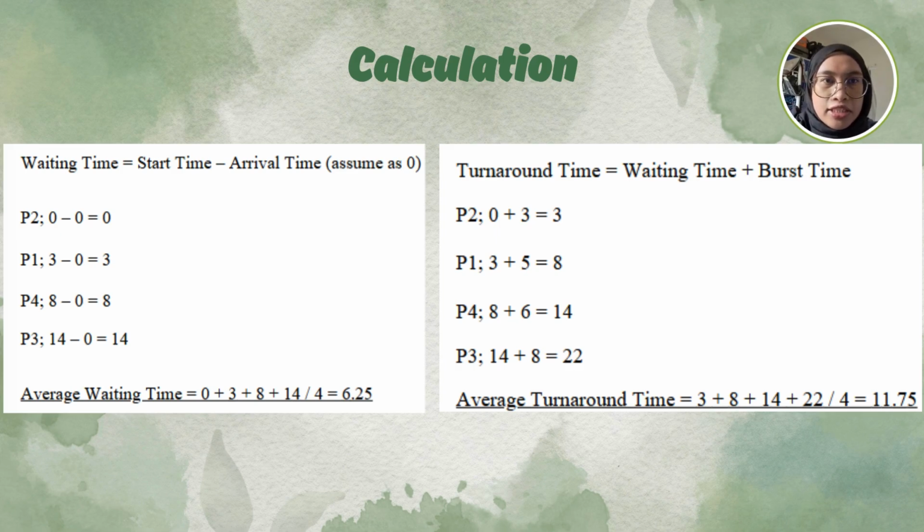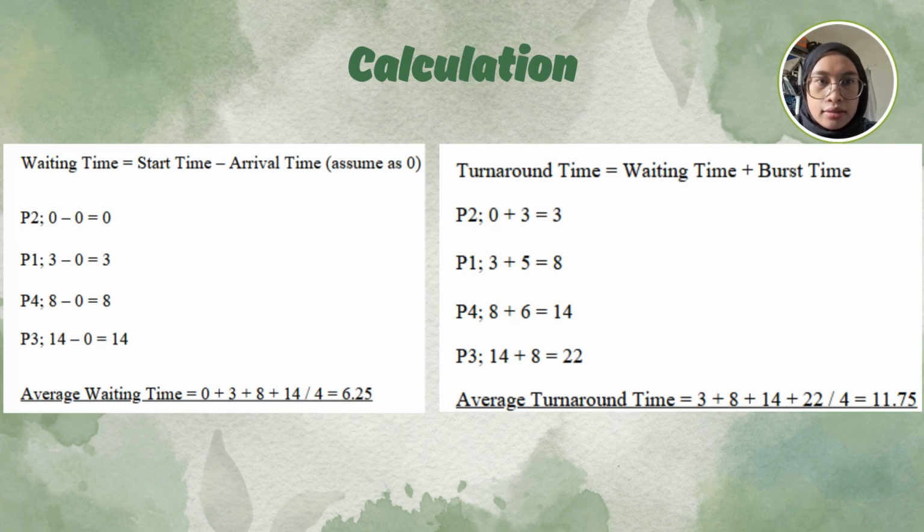This is the calculation for the waiting time. Waiting time is start time minus the arrival time, assumed as 0 because we calculate based on the Gantt chart. For P2, it starts at 0 minus 0, we have 0. For P1, start time is 3 minus 0, we have 3.